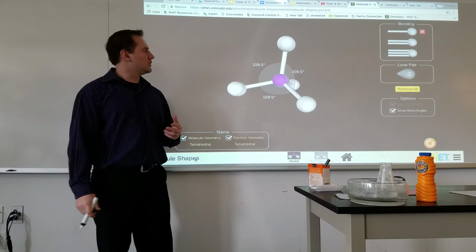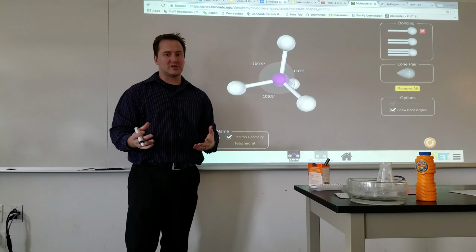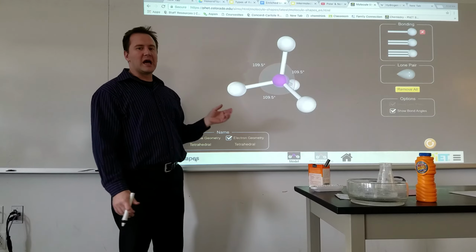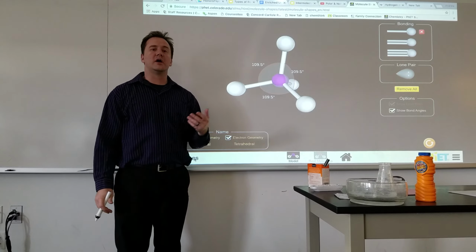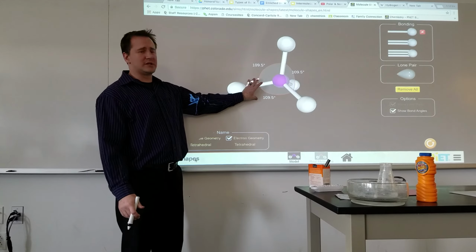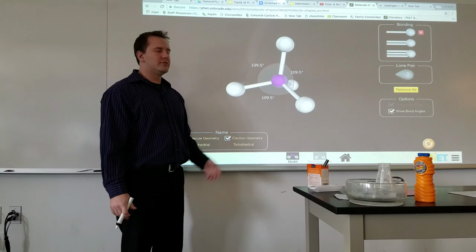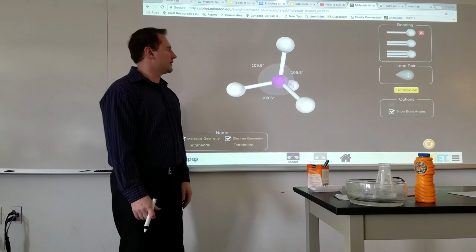You think 4 things sticking off the middle in 2 dimensions results in 90 degrees, but in reality, the way it all spreads out is about 109.5 degrees. So this would be a tetrahedral shape, and the bond angle is 109.5. 4 atoms bonded, no unshared pairs.